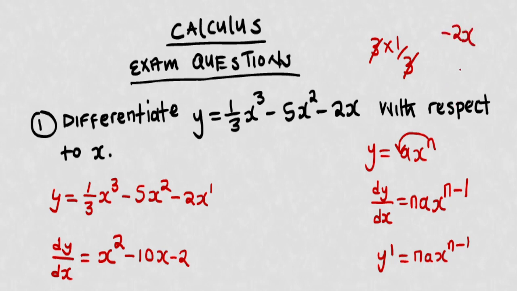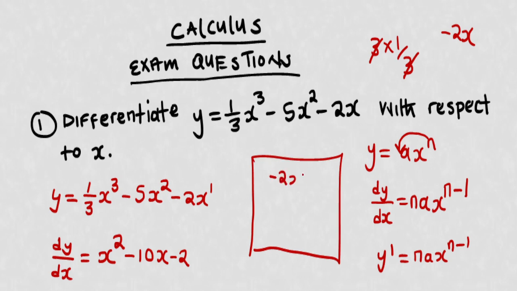How do we differentiate that? So negative 2x, what we do basically is, maybe I can just do it somewhere here so that we can see how it comes. So we have negative 2. We know the power is 1. So this 1 will multiply negative 2. It will be negative 2x, then the power 1 minus 1.